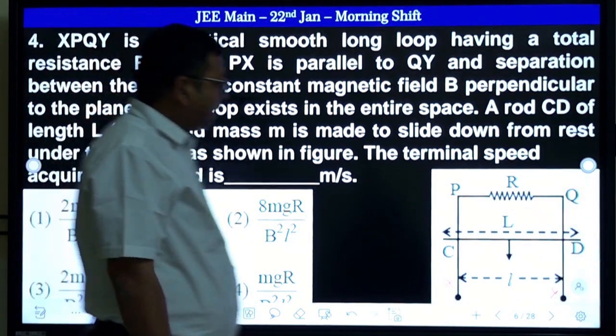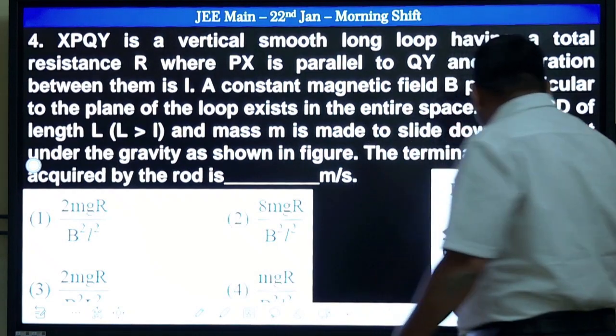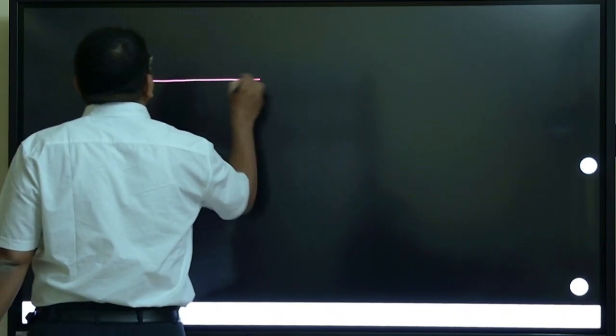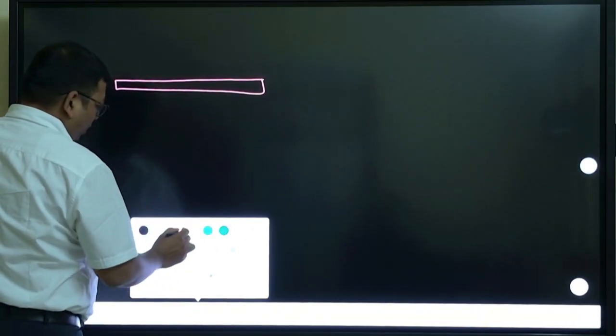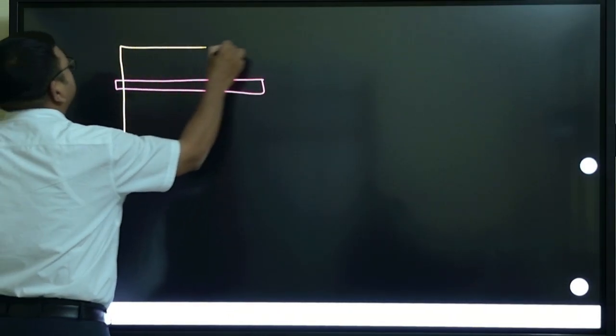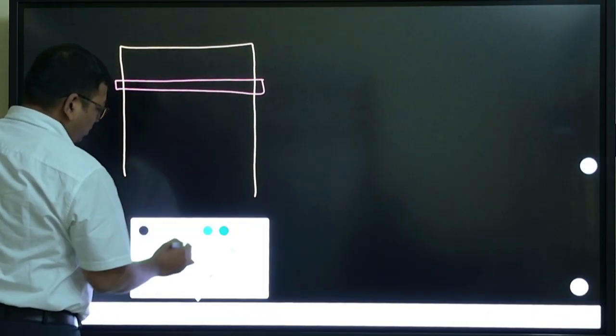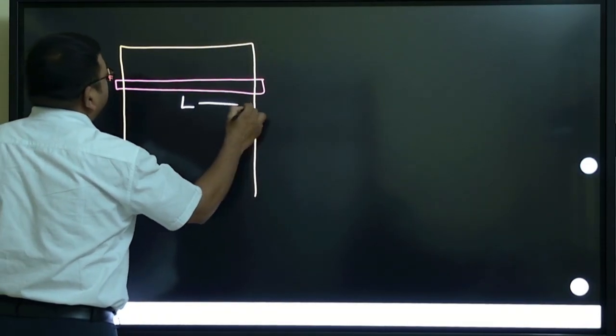So what is going to happen in this? Let us try to think about it. So this is a rod like this, and this rod is sliding over a wire frame like this. The length of this is L, right, and a magnetic field is there.